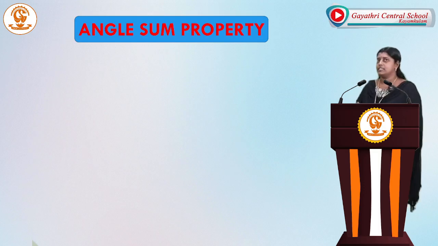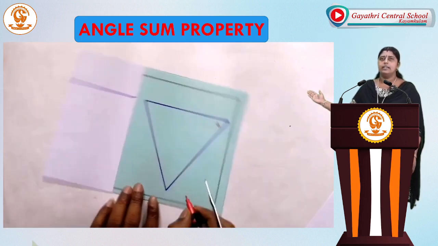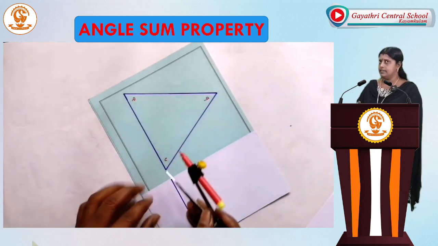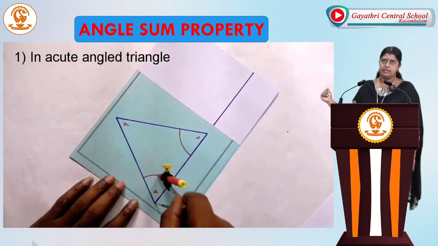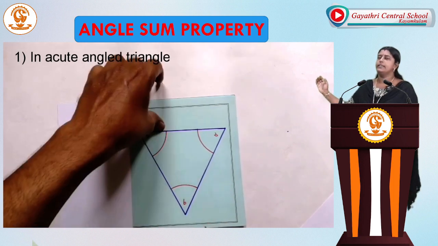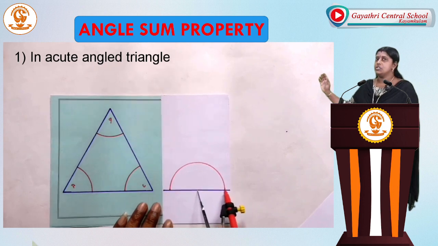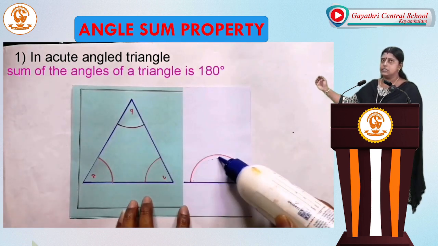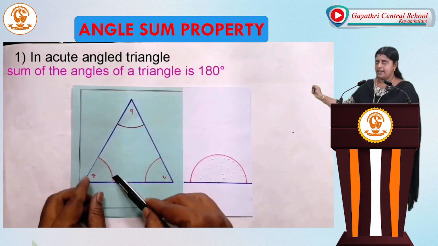Okay, let us do an activity for proving this. Here we can see one triangle. It is an acute angle triangle. There are three angles here: angle A, angle B and angle C. Now we are going to cut these three angles and place them in the shape of a protractor.